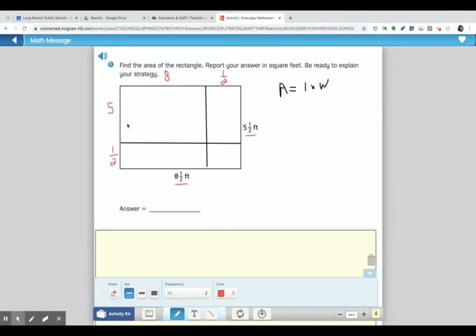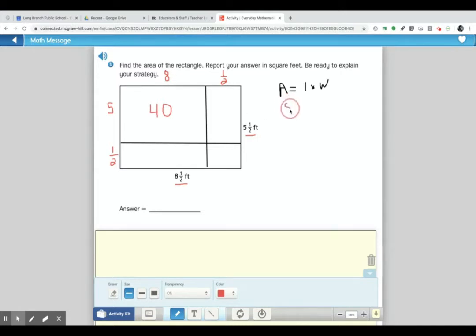So I'm going to start off with the largest rectangle that we have right here, which is 5 times 8. I know that 5 times 8 is equal to 40. The next one I'm going to work on is the rectangle down below here. 8 times 1/2, which is really half of 8.